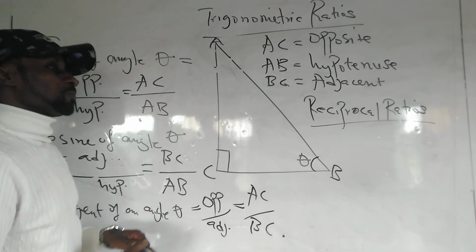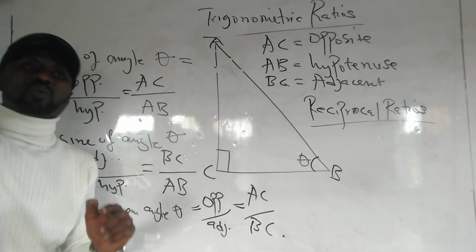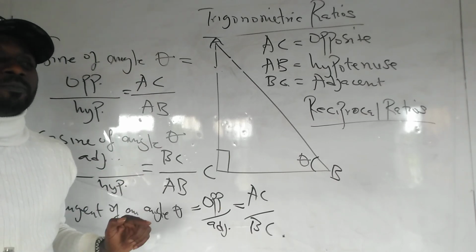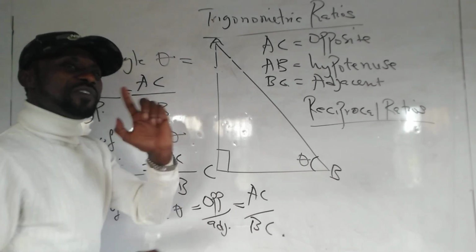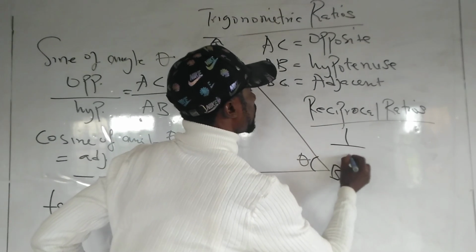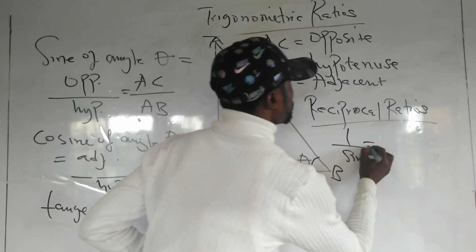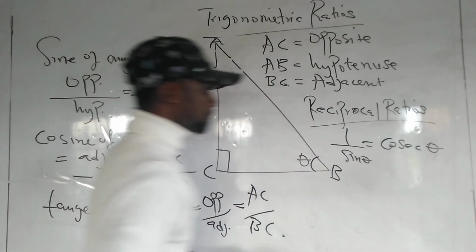Take for example, inverse of any variable is 1 over that variable. So inverse of sine is 1 over sine. That means as you are dealing with sine theta, the inverse of sine theta is 1 all over sine theta. Now what is 1 over sine theta? It is the same thing as cosec theta.